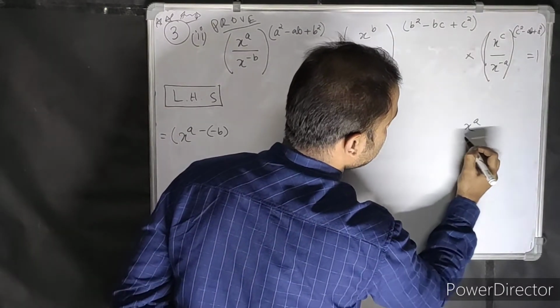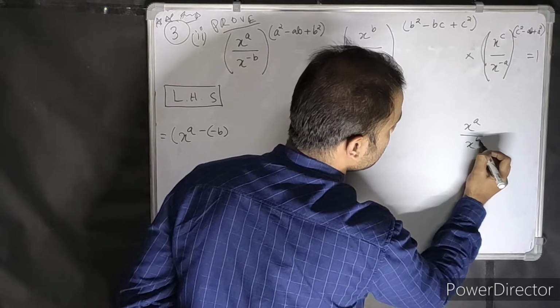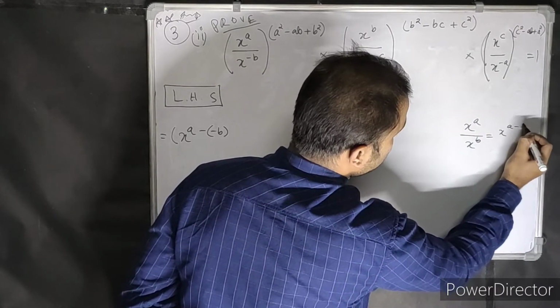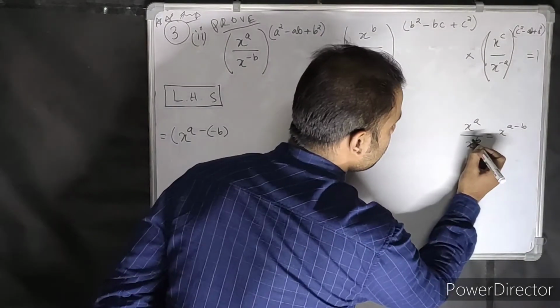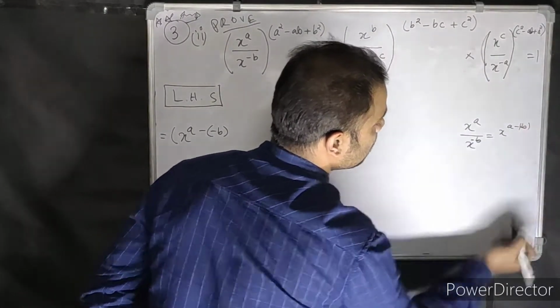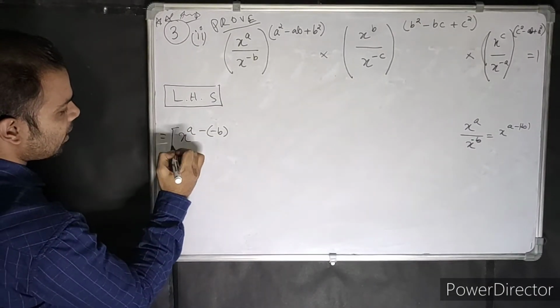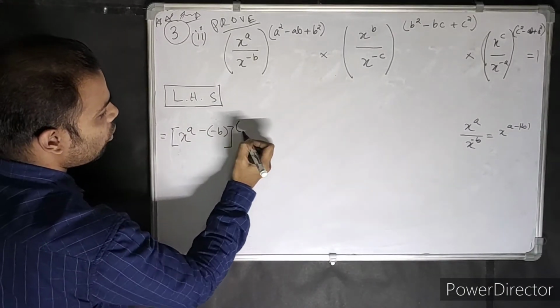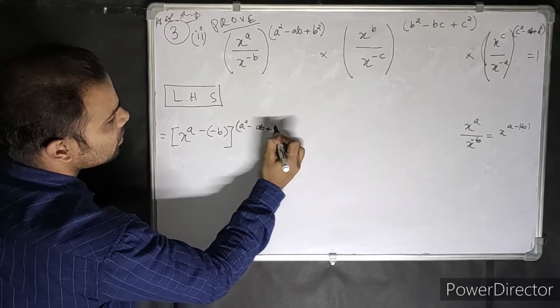If you remember, x to the power a divided by x to the power b is equal to x to the power a minus b. So if you have a minus over here, then you have a plus b. Simple. Put a box bracket, whole to the power a square minus ab plus b square.